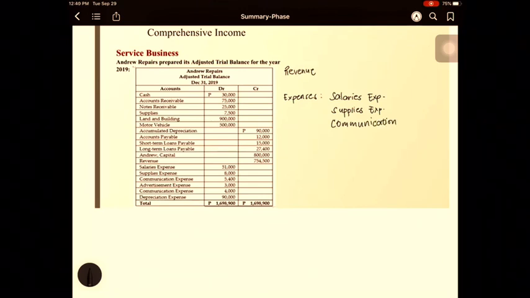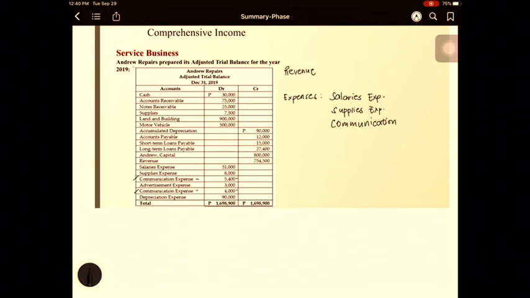If you take a look at the problem, there are two communication expenses here. Maybe it was not intended to be a communication expense here, but for purposes of answering this problem, let us just add the amounts of the two communication expenses later on.